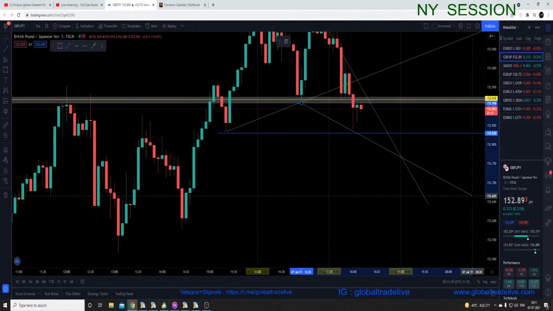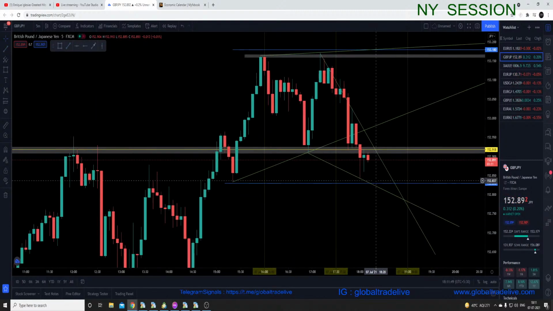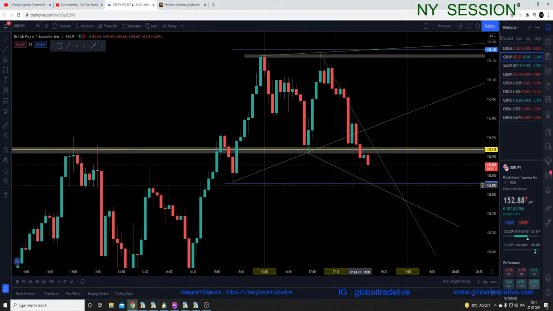Let's just draw this line here. So I'll wait for the price to come out a little bit below this lower trend line, and then I'm gonna execute the trade.